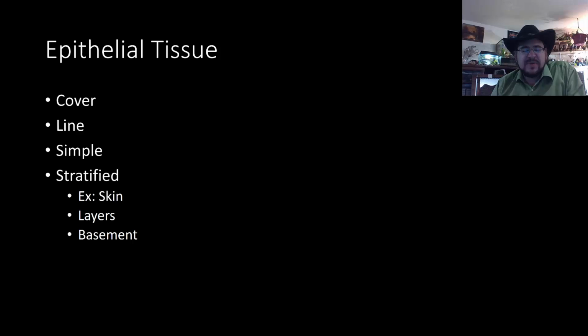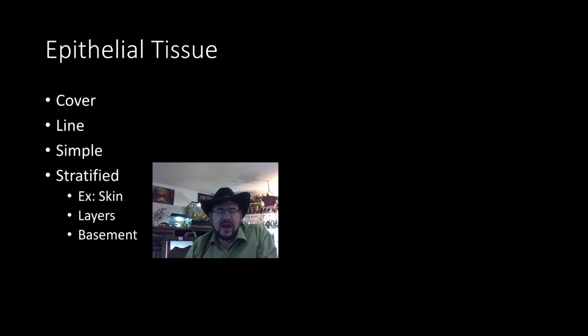So the basement membrane is the bottom where we anchor to the rest of the body. So stratified epithelial tissue, layers. Think of your skin. Top layer or outermost layer, environmental interface. Move multiple layers down until you get to the bottom, and that's the basement membrane where it connects up to the rest of the body. So hopefully not awful.